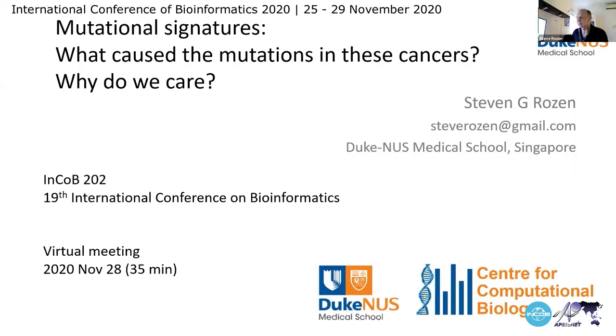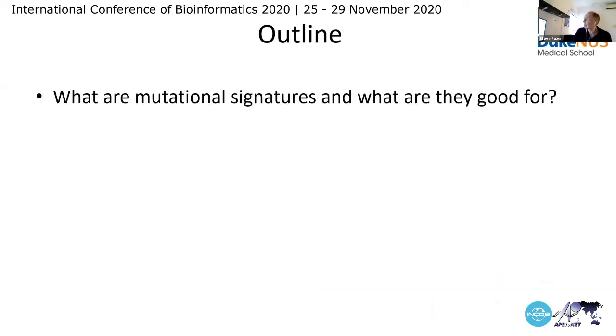Okay, so again, I'm going to be talking about mutational signatures. And I'll start by describing why they're important. First I'll talk about what are mutational signatures, and what they're good for.